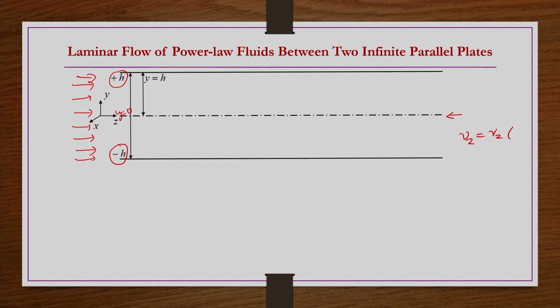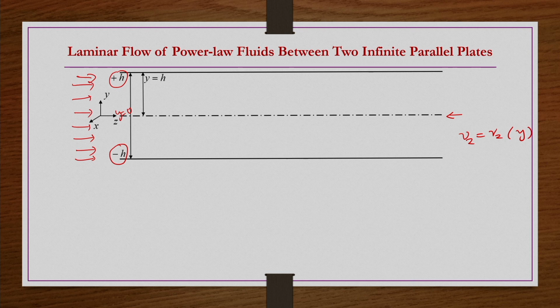The Vz component of velocity varies in the y direction, so Vz as a function of y is what we are going to have in this case, whereas Vx and Vy are going to be negligibly small compared to Vz, so we can neglect them.